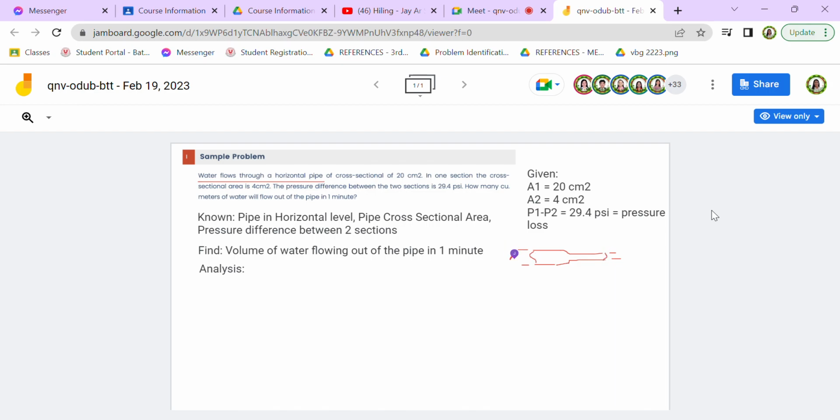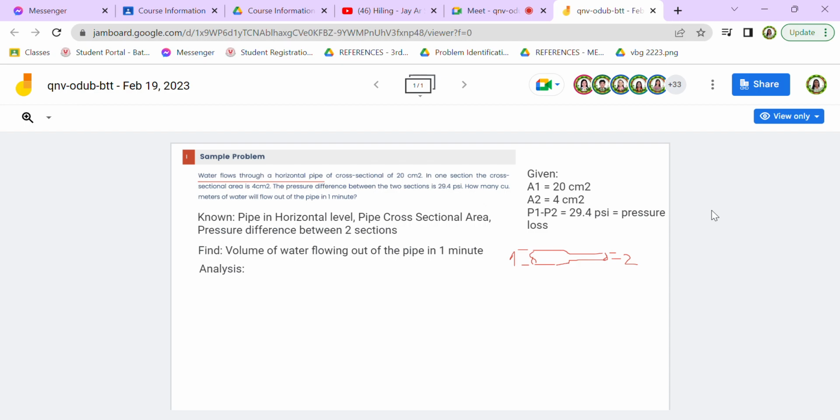So this is point 1, then this is point 2. Given dito yung area at point 1, which is 20 centimeters squared, area of point 2, which is 4 centimeters squared, then ang pressure difference, or we can say P1 minus P2, is equal to 29.4 psi.